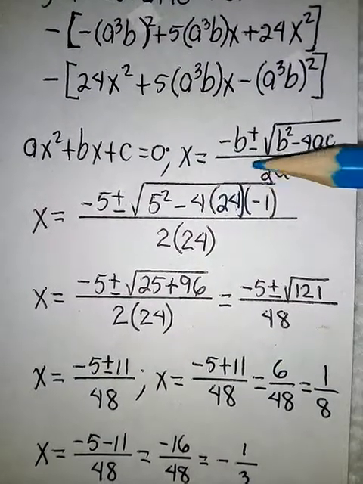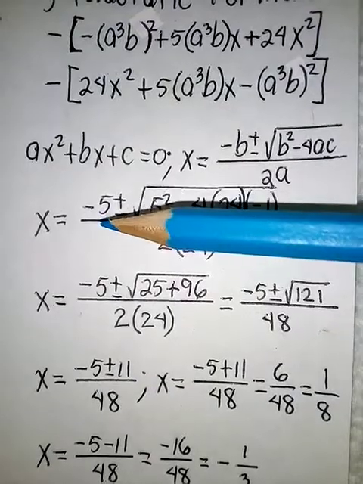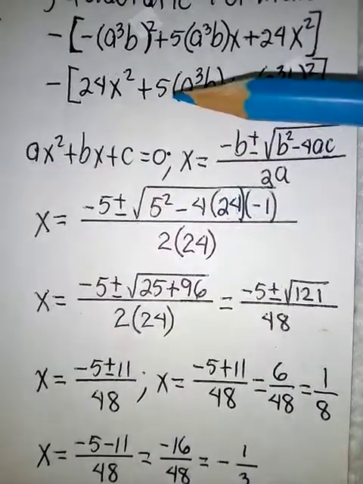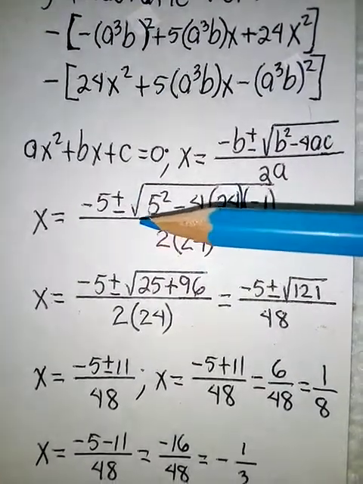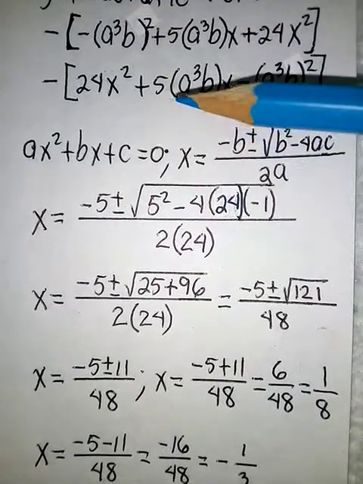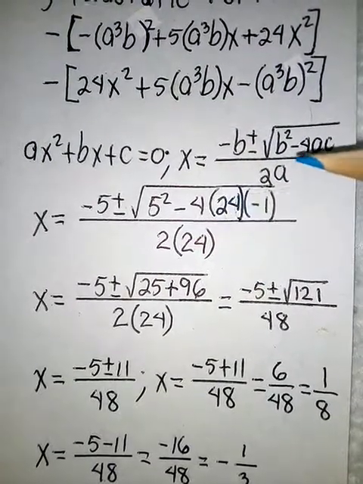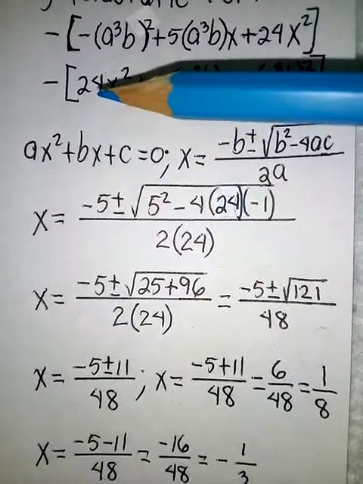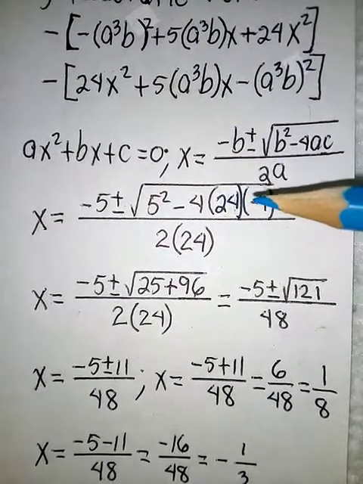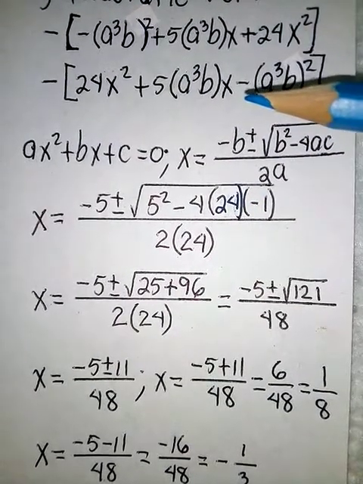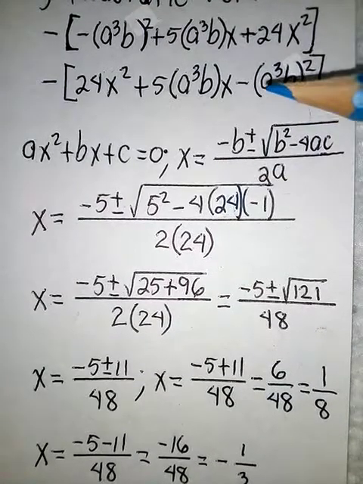So negative, and then b is 5. Plus or minus square root of b squared. Our b is 5 and then minus 4, and then a is 24 and then c is negative 1. So include the sign, negative 1. And then all over 2, our a is 24.